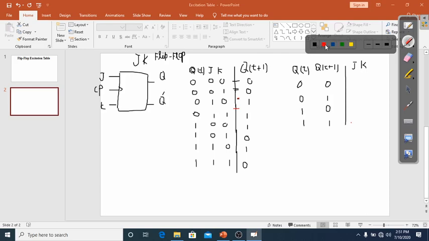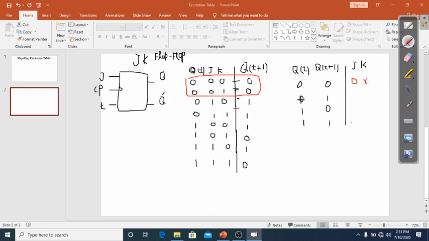So here, J and K. J is always 0 when present state is 0 and next state is equal to 0, as you can see here, and K could be 0 or 1, so I will plug in J is equal to 0 and K is a don't care condition.